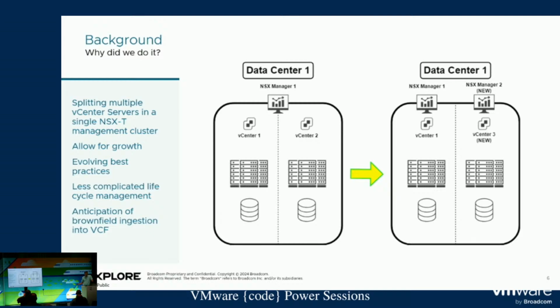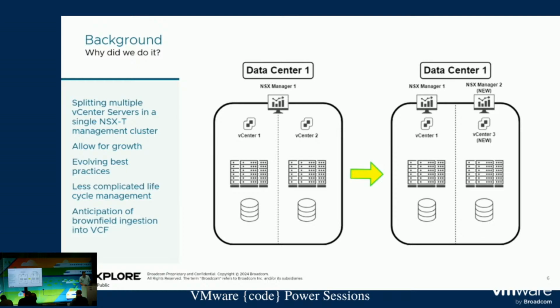We initially had multiple vCenter servers in an NSX manager instance, which needed to be broken up. Evolving best practices called for a single NSX instance per vCenter. Our growth projections meant that if we kept multiple vCenters in a single NSX instance, we would exceed some limits in NSX itself.